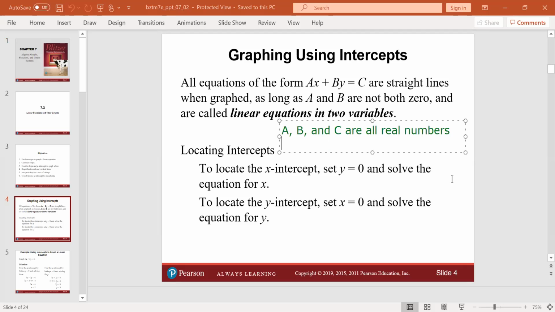A, B, and C are real numbers. X and Y, though, are the variables. So they'll actually stay written as X and Y, for the most part, especially when we're talking about graphing them. A, B, and C, though, when we're actually out there in the wild, we're going to see that A, B, and C are actual just numbers. So they make straight lines.